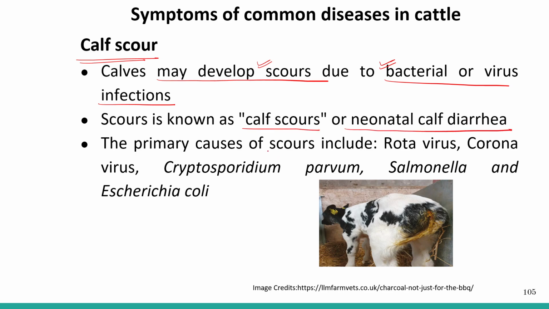The primary causes of these scours include rotavirus, coronavirus, Cryptosporidium parvum, Salmonella and Escherichia coli. So these are bacteria, and the corona and the rota are the two viruses. So bacteria and viruses both cause calf scours.